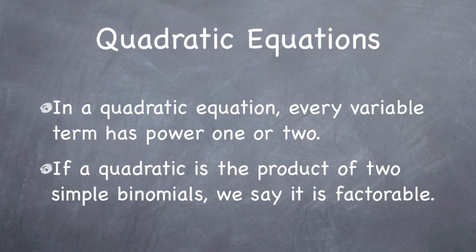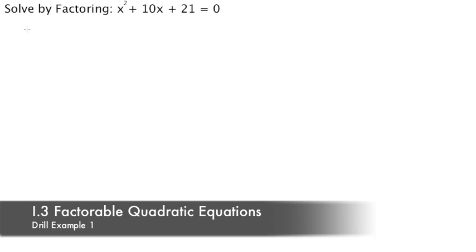Binomials, if you recall, are when we have two terms. So for example, x plus 3 is a binomial. 3x minus 7, that's a binomial. So if we can write a quadratic as the product of two binomials, that's what we mean when we say that it's factorable.